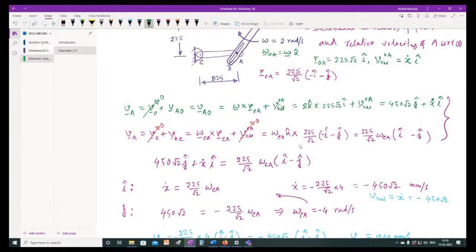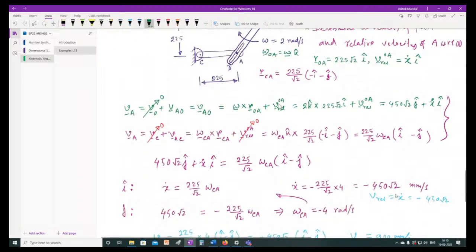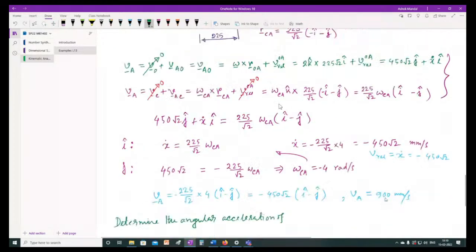Second part. That is the relative velocity of A with respect to OD, which is nothing but V relative. With respect to OD, what is the relative velocity of A? That is nothing but the V relative. ठीक है ना?